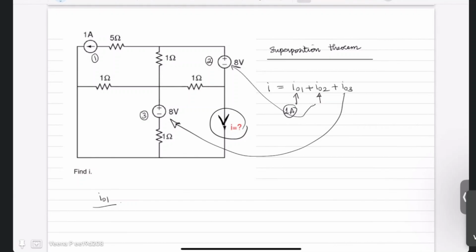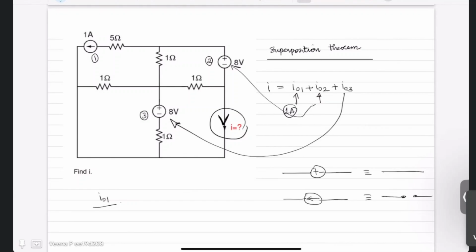That is the same thing you do here. While you are activating only one independent source, all the other independent sources you will deactivate by replacing them with their internal impedance. The internal resistance of a voltage source is 0, so you will replace the voltage source with a short circuit. The internal resistance of a current source tends to infinity, so you will replace it with an open circuit.